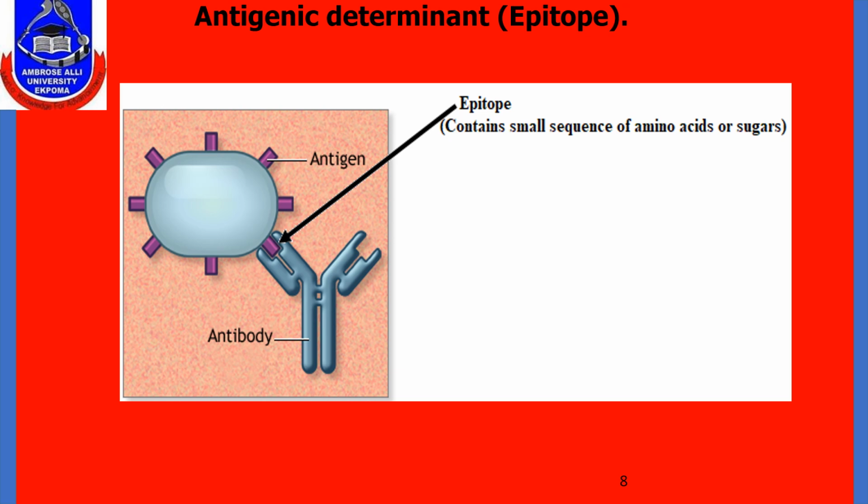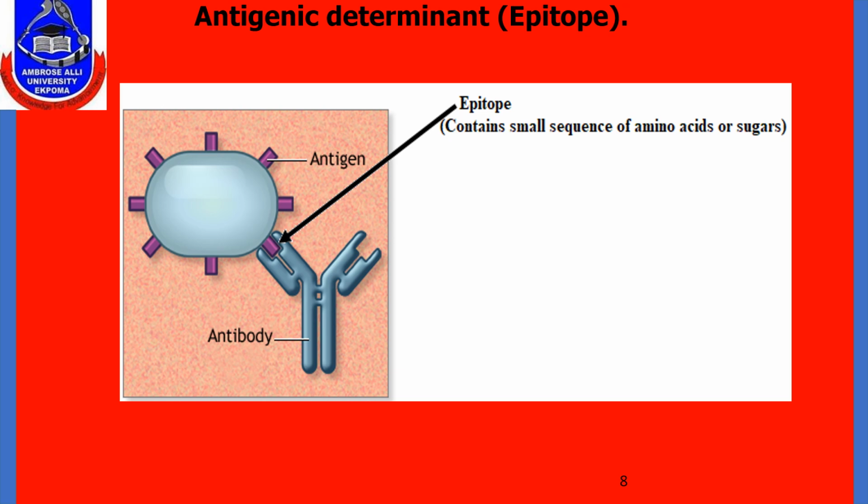So, a particular antigen must express specific amino acid or sugar molecules on its surface, which a corresponding antibody that recognizes that amino acid or sugar will bind. So you can have thousands of antigens, but a particular antibody that has a complementary amino acid or sugar will only bind to that antigen.